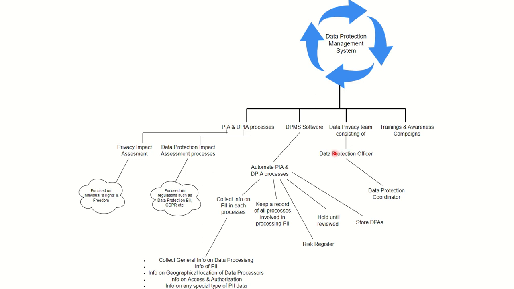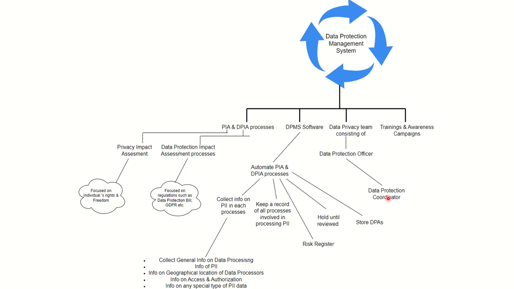The team will mostly consist of one data protection officer sitting in the headquarters and then several data protection coordinators reporting to him. These data protection coordinators will be based out in every region, in every country, and will coordinate the data protection activity based on their country's regulations and laws.